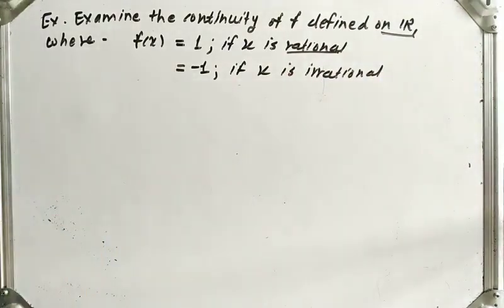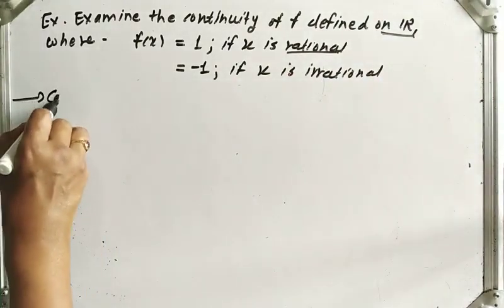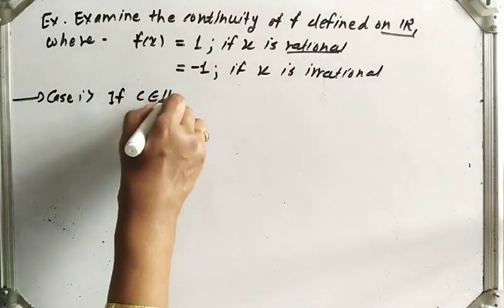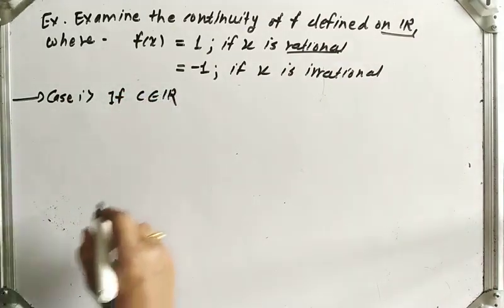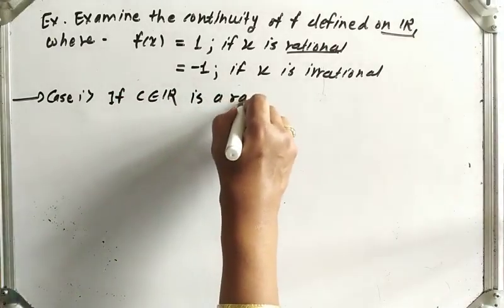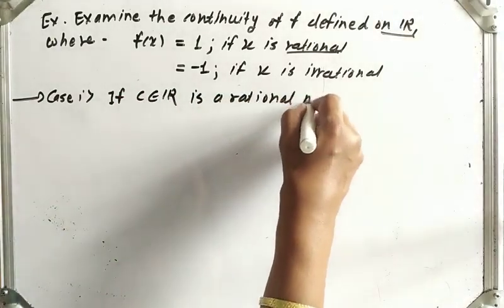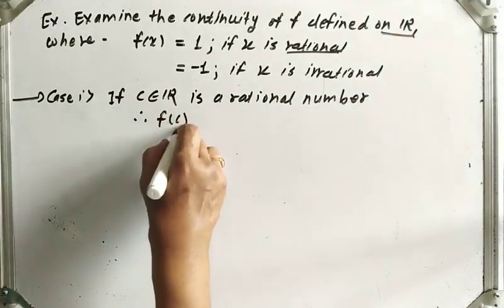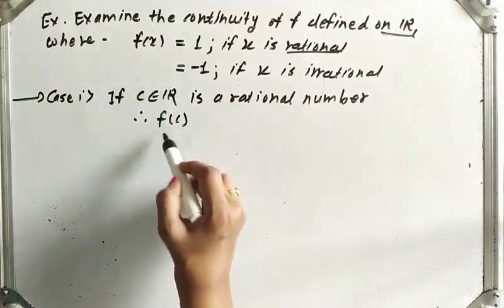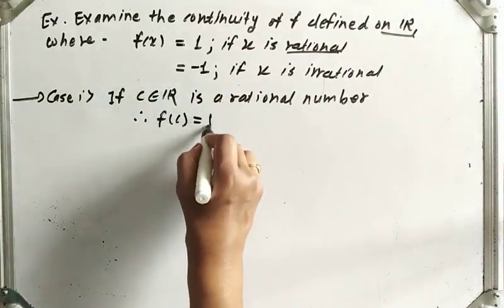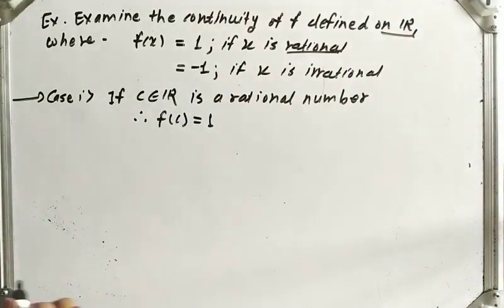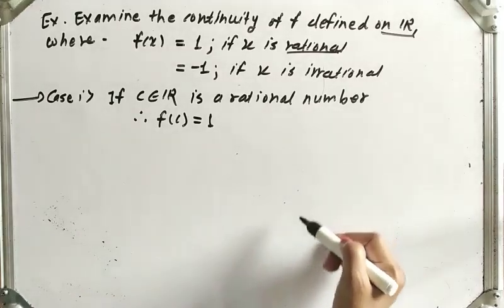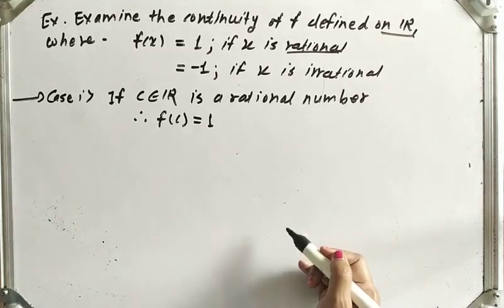In case 1, c belongs to R and is a rational number. Therefore, what will be f of c? For a rational number, f of x is 1, so c is rational, so f of c will be 1. Now by plotting the graph you can see that the function must be discontinuous.